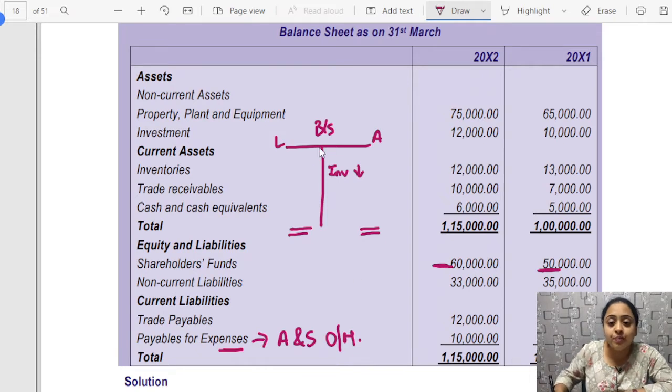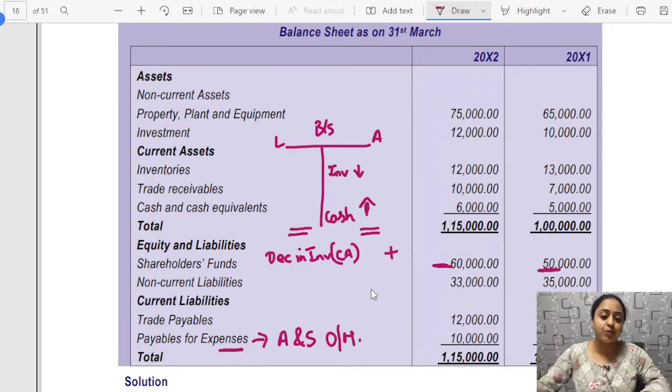So for this, inventory has been declined. To balance this out, you need to increase cash. Therefore, whenever there is a decrease in inventory, or you can say current asset, there is always addition of cash flow. It will be rupees 1,000.